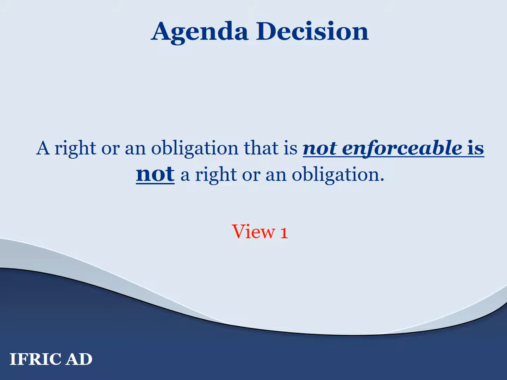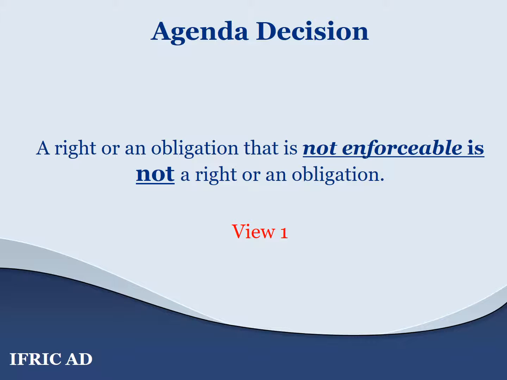In its agenda decision, it says a right or an obligation that is not enforceable is not a right or an obligation. Therefore, whatever other elements a reporter wishes to consider in the determination of classification under the banner of other facts and circumstances is only relevant to the extent that those other facts and circumstances give rise to enforceable rights or obligations.